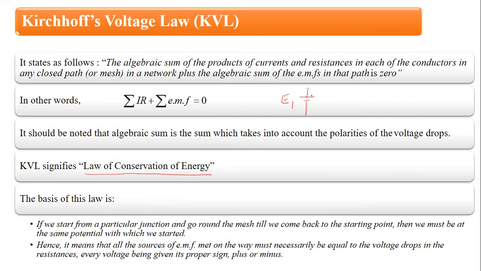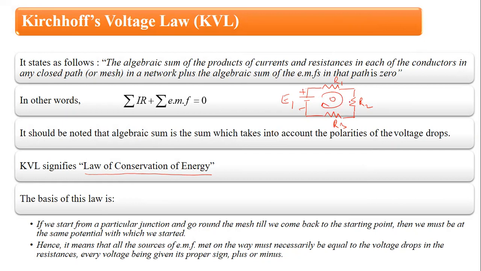Let us say E1 is the voltage or EMF here, and this is one resistance, this is one more resistance, and this is one more resistance. So this is, for example, R1, this is R2, this is R3. As per the definition of KVL, the net voltage in this particular loop is zero, right?